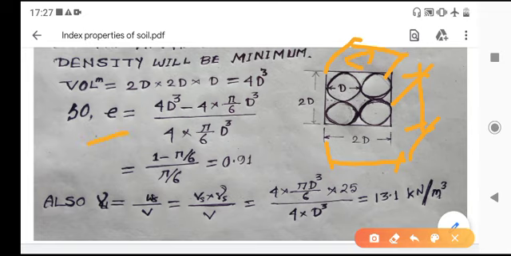So void ratio e equals total volume of package minus volume of 4 spheres, 4 into pi by 6 d cube, divided by volume of solid particles, 4 into pi by 6 d cube, since 1 particle's volume equals pi by 6 d cube.